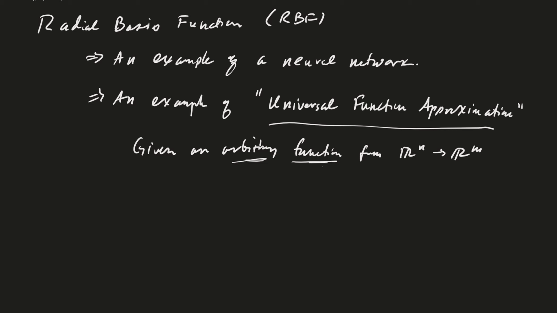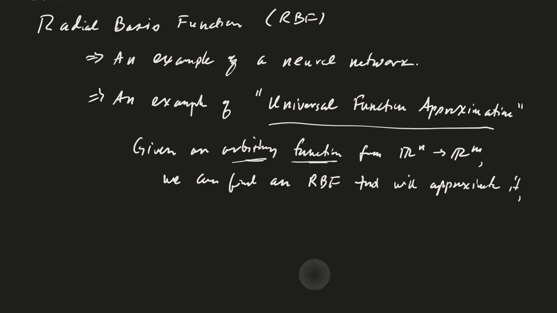So given a nice function from Rn to Rm, we can find an RBF that will approximate it with any given error tolerance.